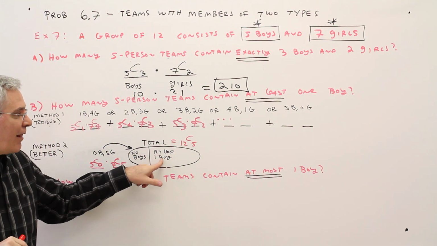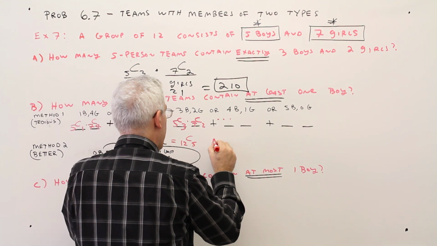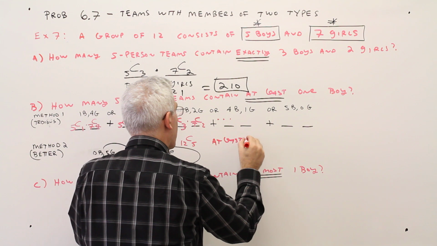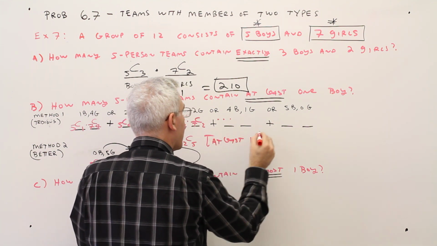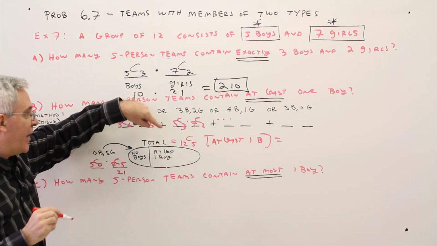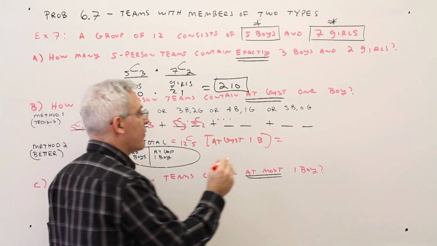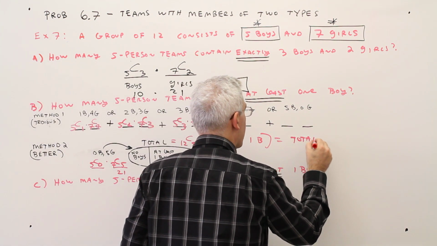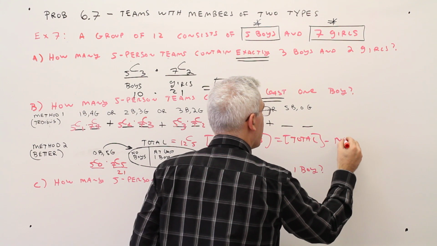All right, and then at least 1 boy, once again, will be total minus no boys. Total minus no boys.